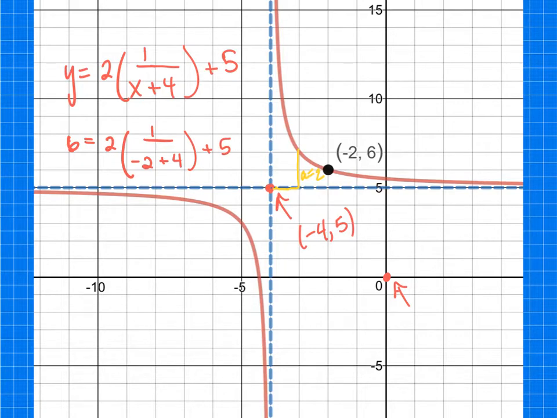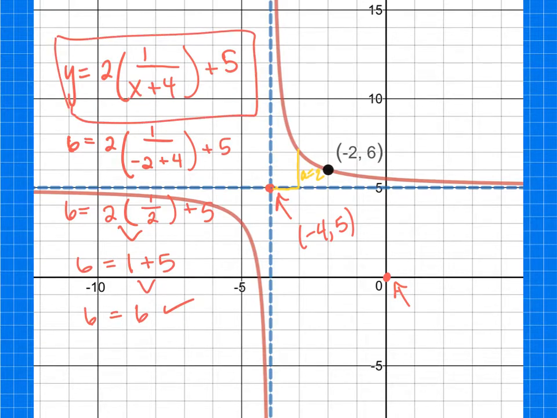So if I simplify, 6 equals 2 times 1 over 2, because negative 2 plus 4 is a positive 2, and then plus 5. 2 times 1/2 is just 1. Drop down the plus 5, and then the equals 6. 1 plus 5 equals 6, so we're good to go. So that is our exact equation.